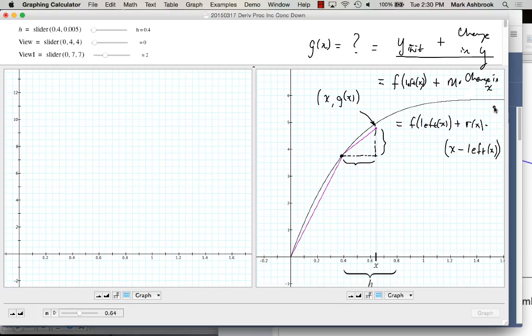And that gets all the pieces because of left of x, right? The beauty of this is left of x always gives us the correct x, the left side of the current interval. So this generates the whole function for all intervals. Okay, does that make sense? Any questions on that? That was part B.